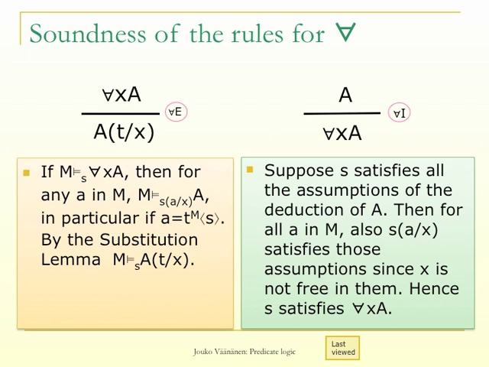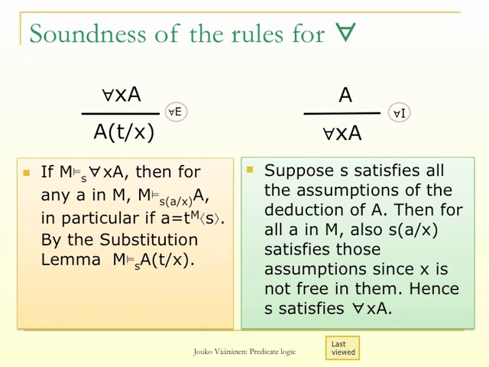Note that this little application of the universal quantifier introduction may be part of a big deduction in which some temporary assumptions have been introduced, and their temporary nature has nothing to do with this particular step.